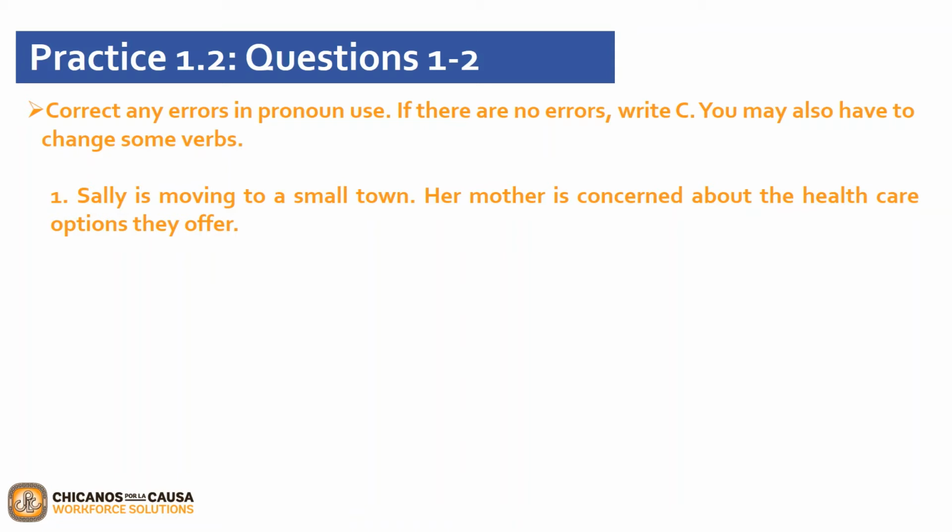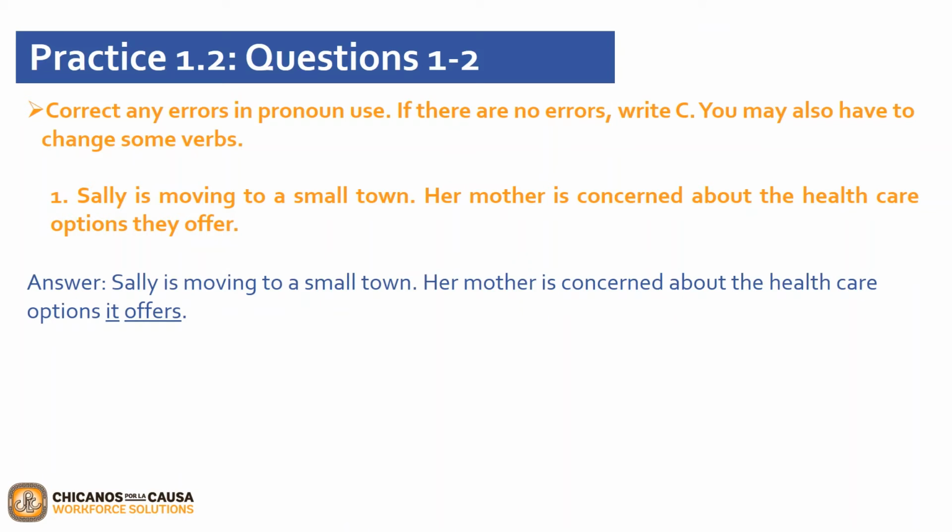Now take a look at the sentence and see if there are any errors that need to be corrected. If so, please rewrite the sentence, or write C if there are no errors. The correct answer would be rewriting the sentence as, "Sally is moving to a small town. Her mother's concerned about the healthcare options it offers."